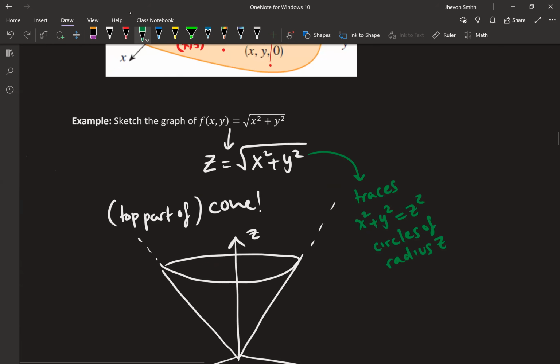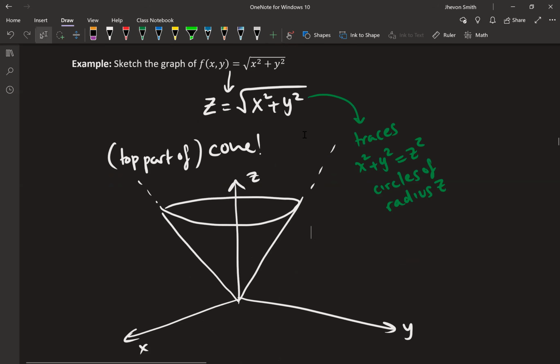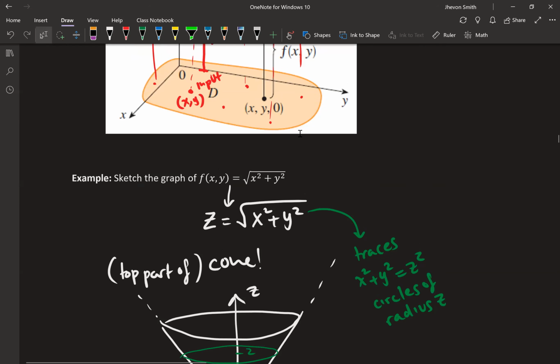So pretty much when your z equals 0, you have a circle of radius 0. When your z equals 1, you have a circle of radius 1. When your z equals 2, you have a circle of radius 2. You just have all these circles lining up. And they get bigger as you go upwards. So that's actually a cone. So the graph of that was a cone.